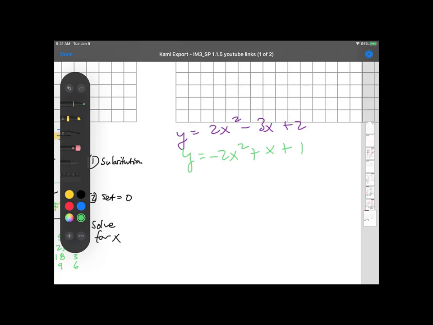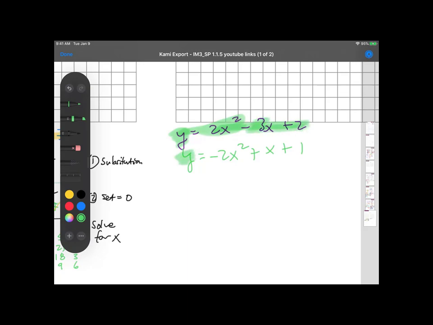To solve systems, there's a couple of methods. You can use the addition or subtraction method, which is also called elimination, or you can do this by graphing it. But graphing is kind of difficult, so we're doing it algebraically, and I'm going to use the substitution method. Substitution works where you're replacing. Every time you see y, I'm going to write 2x squared minus 3x plus 2.